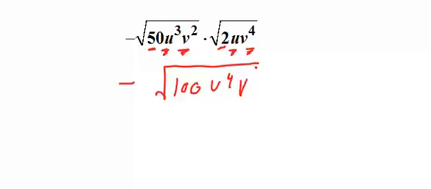Well, that's v to the 6th power. Well, 100's a perfect square. U to the 4th power is a perfect square, and v to the 6th is a perfect square. We could just take the square root. So we get 10. U to the half of 4 is 2. V to the half of 6 is 3.